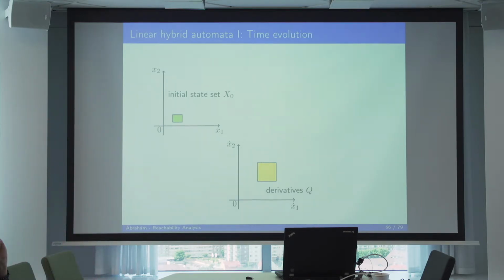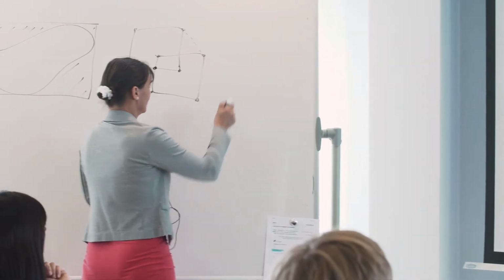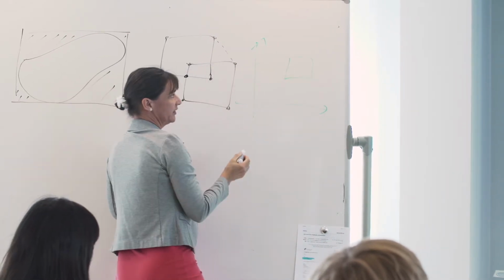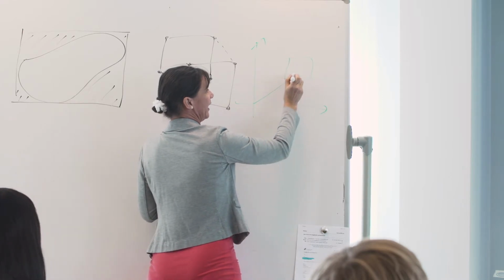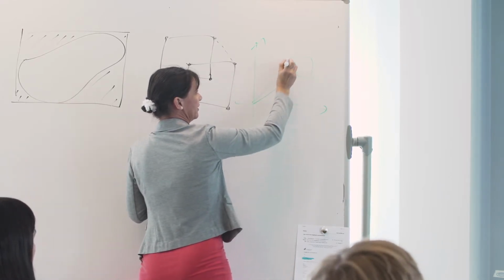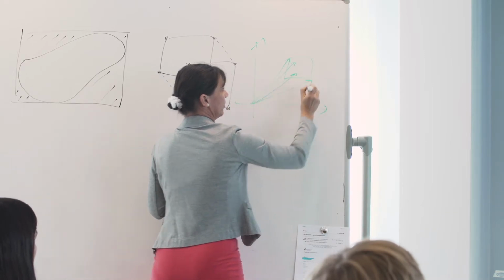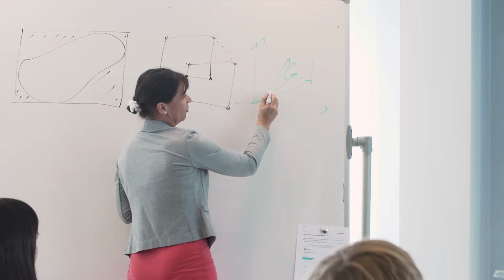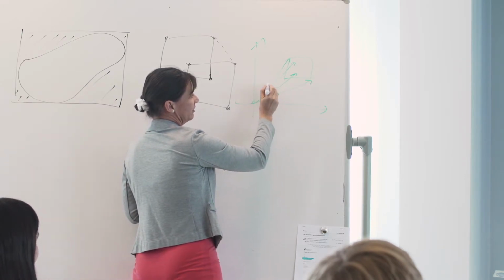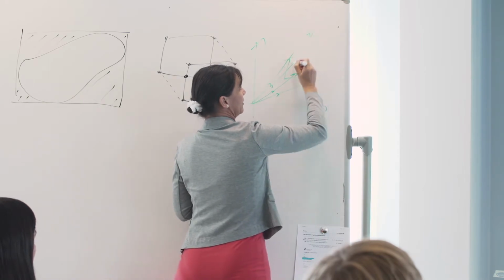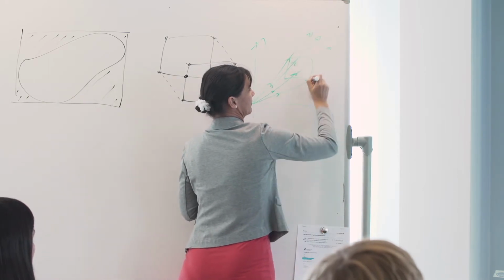So I can take any of these derivative vectors, especially at the corners. These describe the change over one time unit. I can also scale these vectors down, then I get below one time unit, or scale them up, then I get above one time unit.